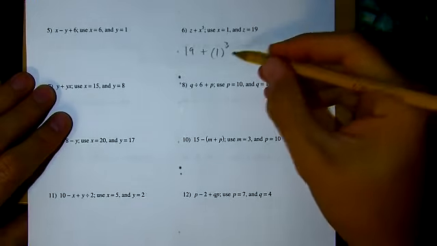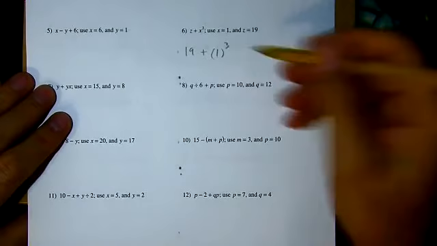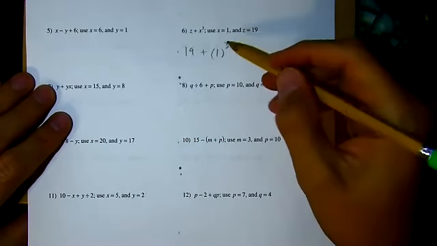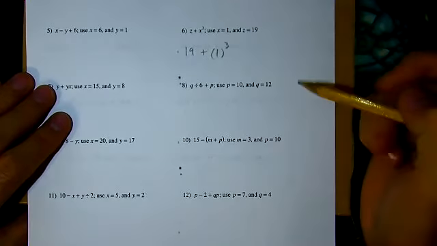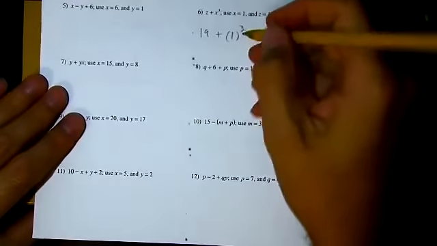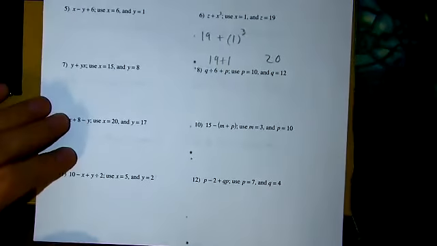And you can add as many as you want. You can have 1 to the 10th power. It's still going to be 1. The only time that changes is when that's a negative, which you don't have to deal with on the GED, or when that's a fraction, which you also don't have to deal with on the GED. You will in college algebra. So it's just 19 plus 1, which is 20.